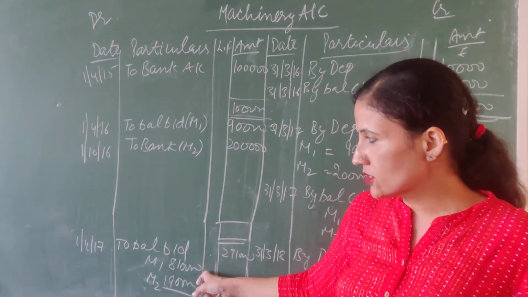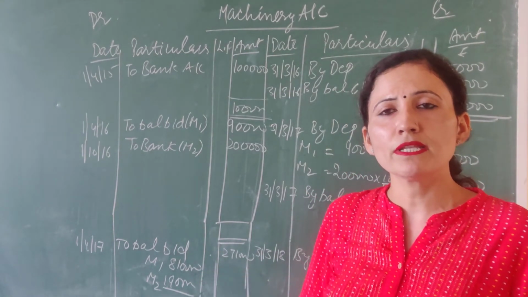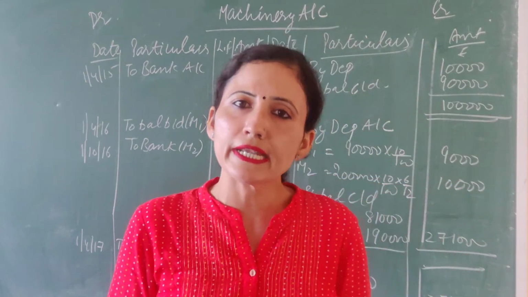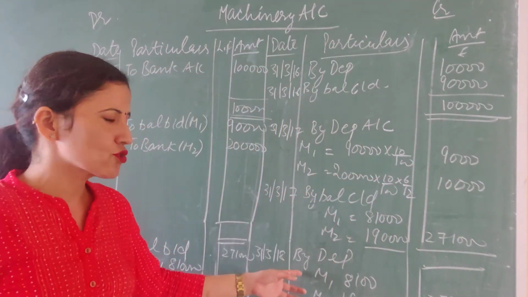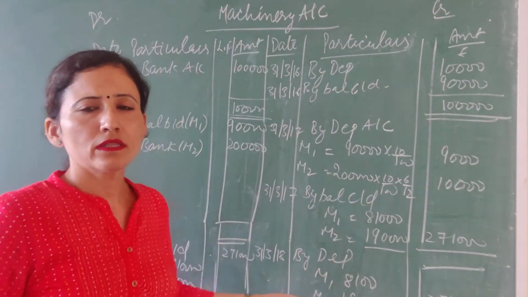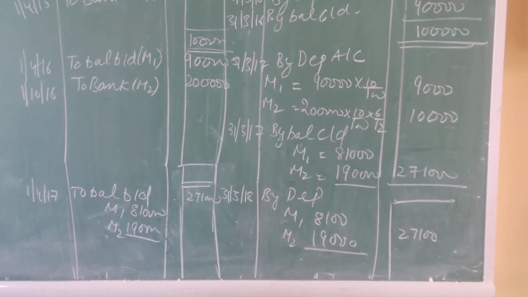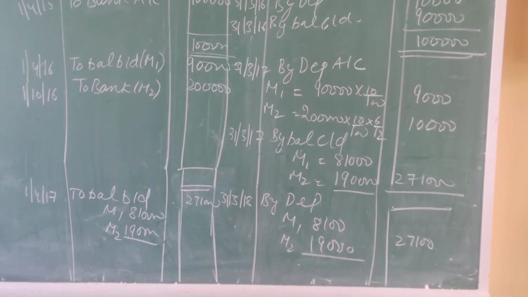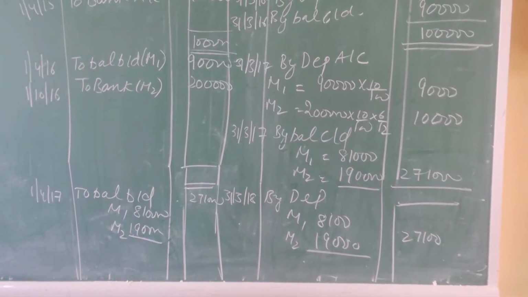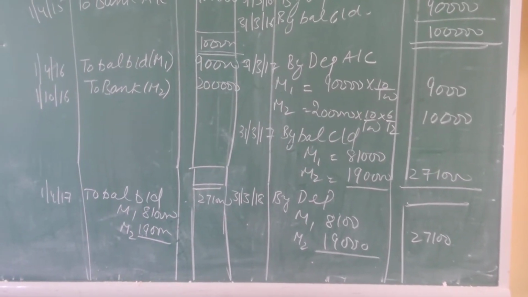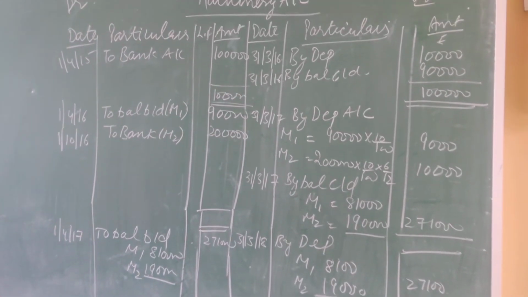At the end of the third year, that means on 31st March 2018, I will write depreciation on M1. This is 81,000 into 10%. This is 8,100. And in M2 we have 1,90,000, so I am going to put the depreciation 10%.